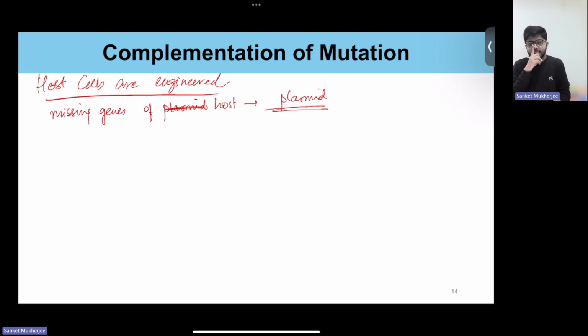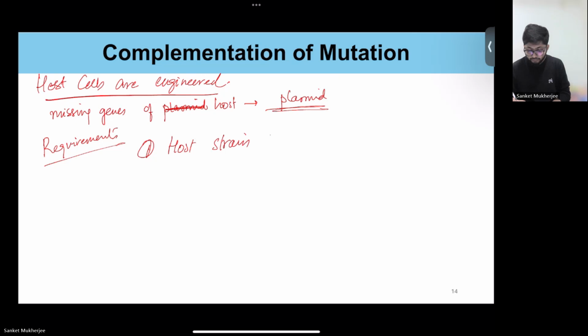So that gene is there in a plasmid. So if that gene is important for survival, only the positive clones will survive. There are certain requirements for this. First, the host strain should be deficient of the gene. Second, a defined media.